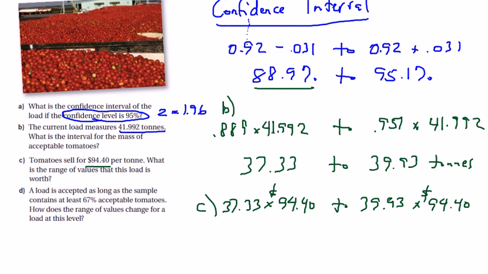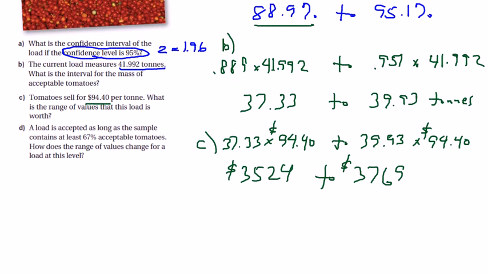And when you work that out, it comes out to a whopping $3,524, up to the top of the interval being $3,769. You could round that to the nearest 10 or to the nearest 100, because we don't know it to 4 significant digits.